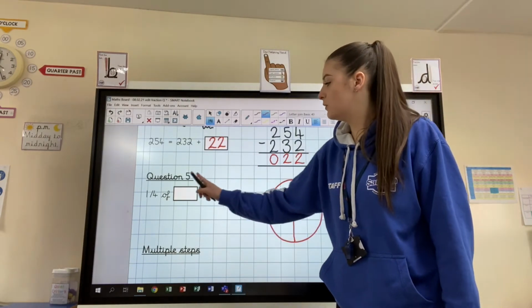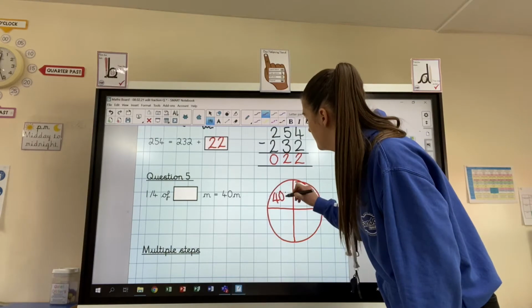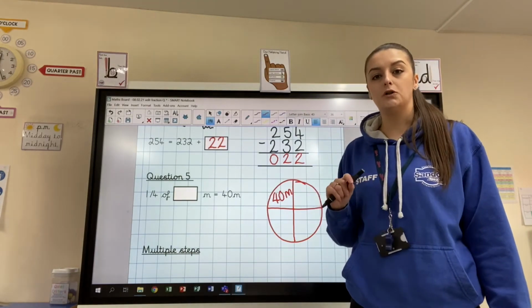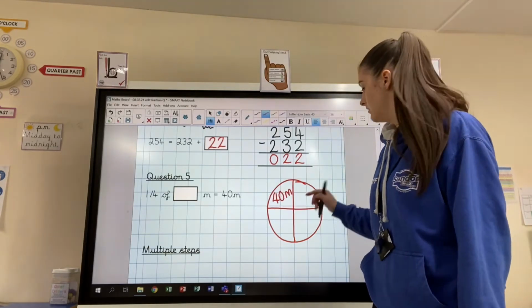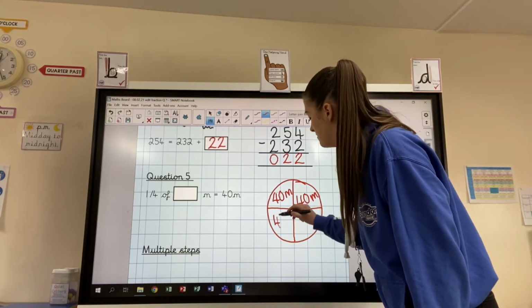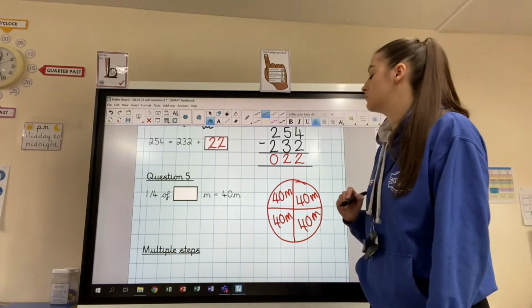Well, if 1/4 of it equals 40, I know that quarter's 40 because it's told me. And we know fractions like to be equal, they're fair. So if that quarter's 40, this one's got to be 40. This one's got to be 40, and this one's got to be 40 as well, okay?